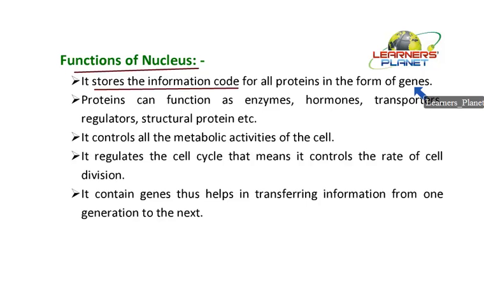These genes are chemically DNA. These DNA get converted into RNA, that is ribonucleic acid. It is another form of nucleic acid. Deoxyribonucleic acid is a unit in which there is the presence of deoxyribose sugar. Another one is RNA.